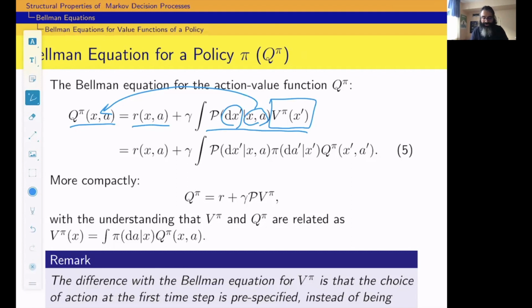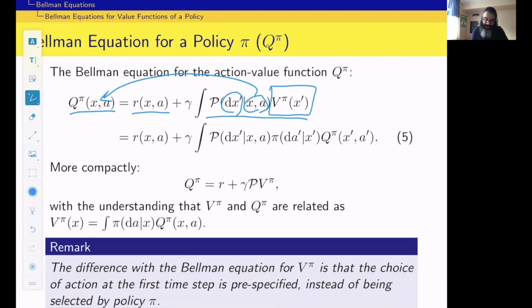Here you see that on the right-hand side we have V pi, and the left-hand side is Q pi. This is correct, of course, but if you want both sides to be Q pi, we can expand the definition of V pi and its relation with Q pi.